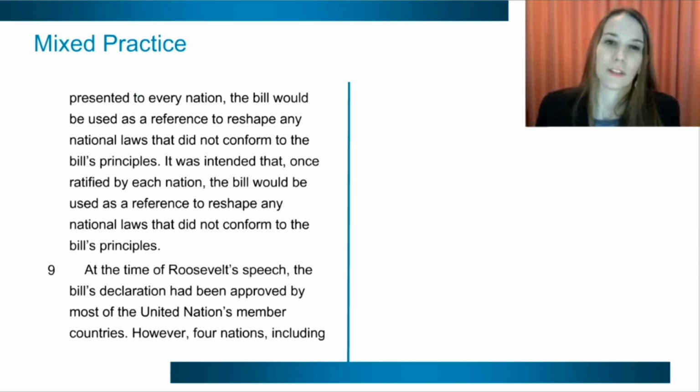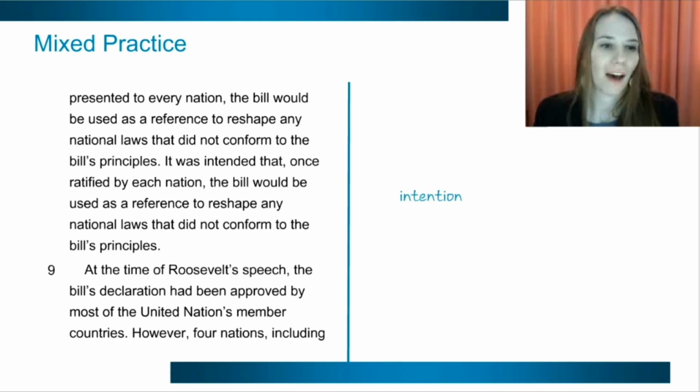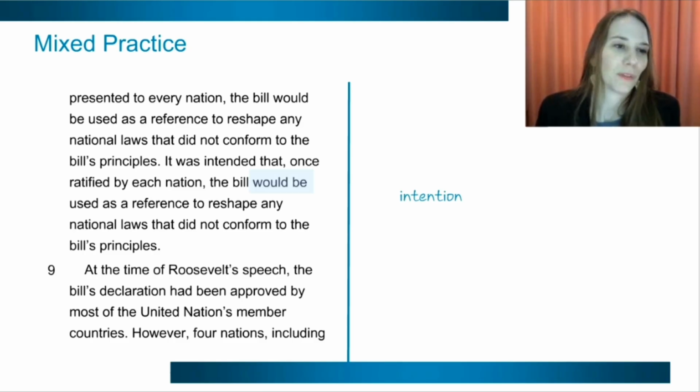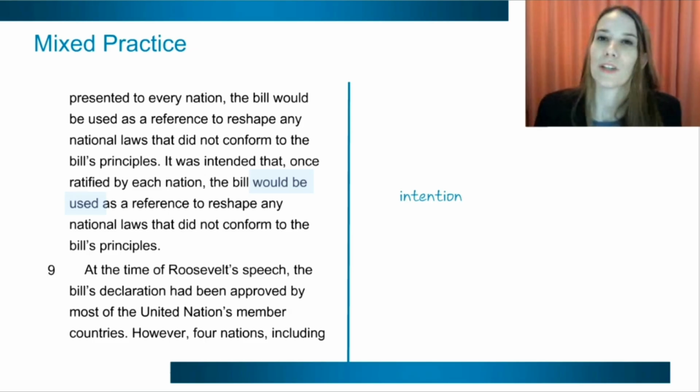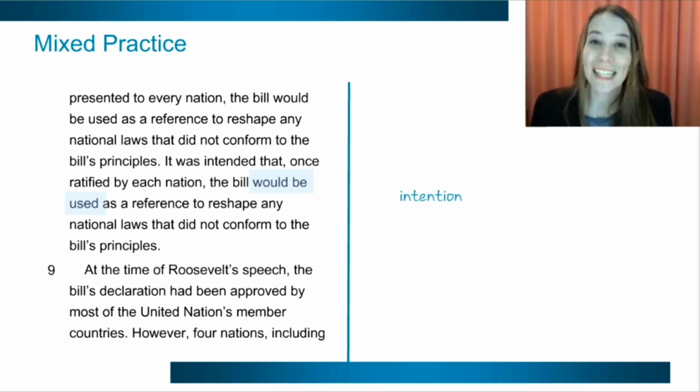So she says, here's our two components of this international bill, and here's the intention of this bill. This is the reason for this bill. It will be used as a reference to shape national laws. Right, so we know what she's talking about, we know why she's talking, and we know the reason that she's talking about this particular bill.